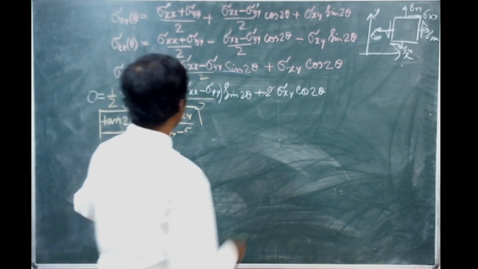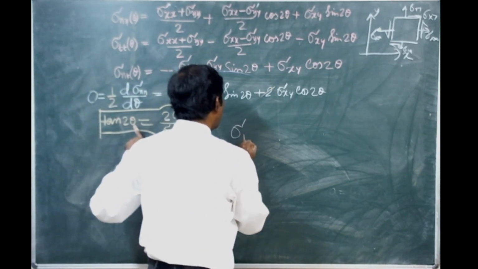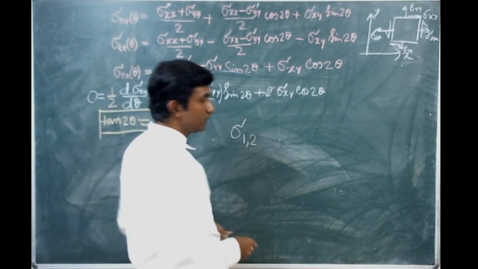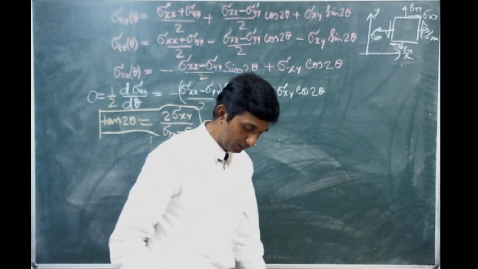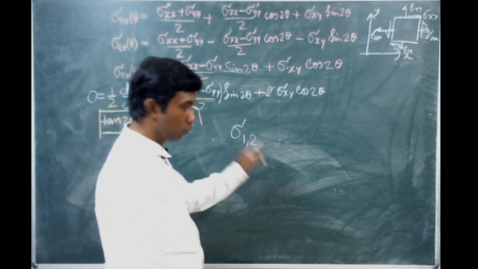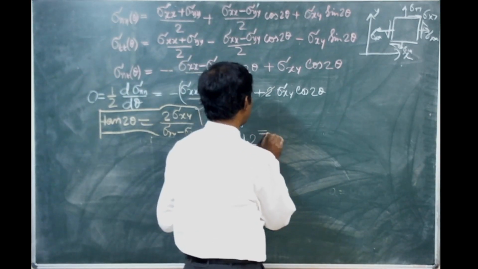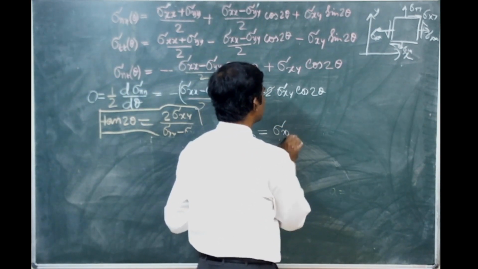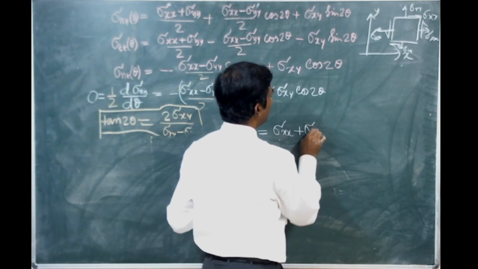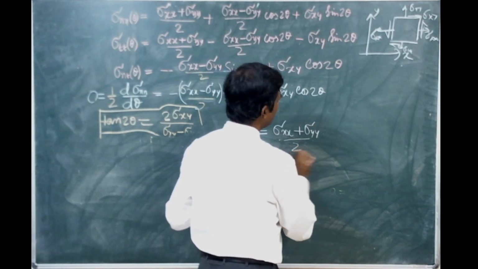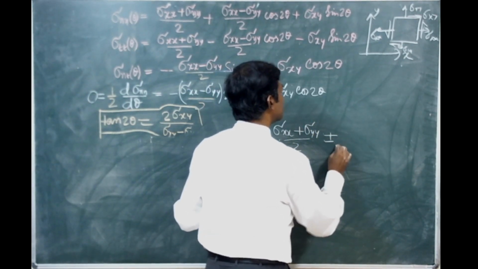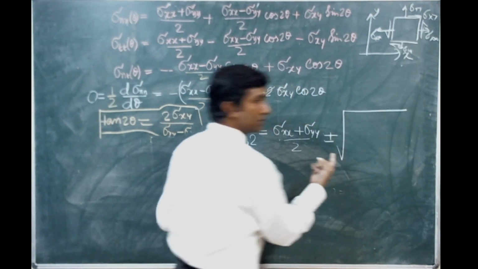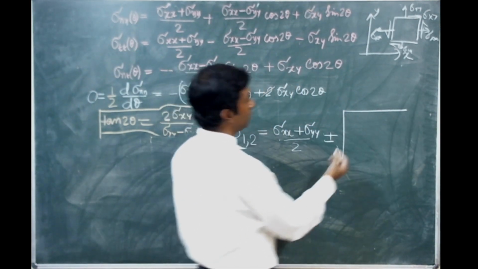If we compute sigma 1 and sigma 2, usually the principal stresses are identified with the numbers 1 and 2, two roots. You get sigma xx plus sigma yy by 2 plus or minus this term, which can be directly verified using the Mohr circle.